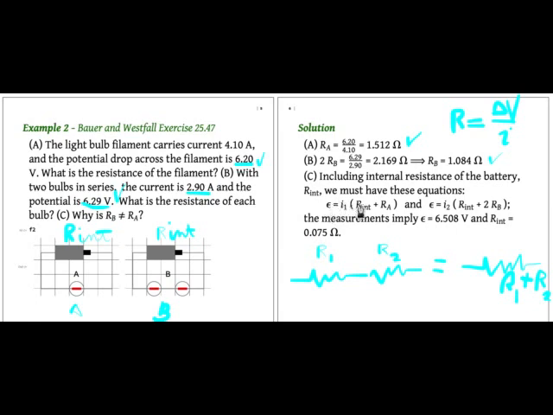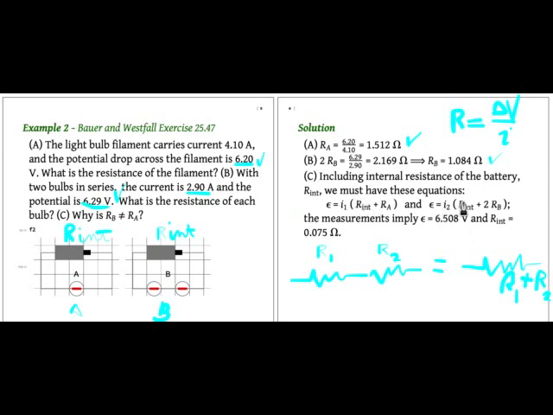But these equations determine the EMF of the battery. So you see, you have RA from part A, you have RB from part B. You have here two equations with two unknowns. The two unknowns are the EMF of the battery and the internal resistance of the battery. And the values measured for RA and RB imply, to solve these two equations for two unknowns, the EMF of the battery is actually 6.508 volts.